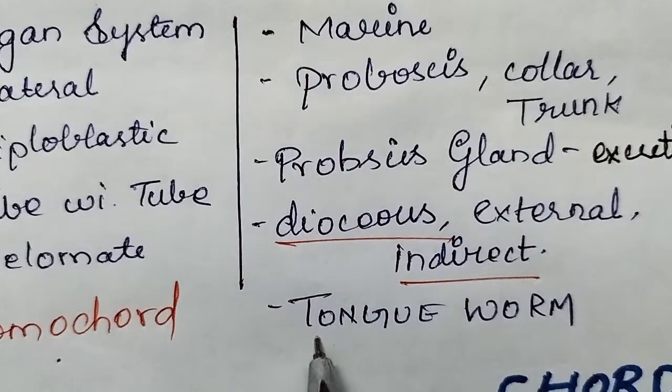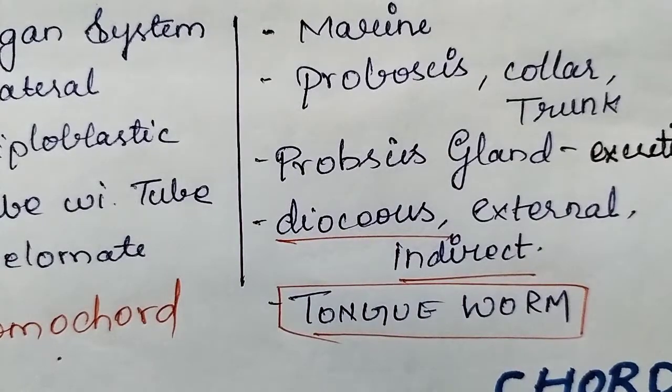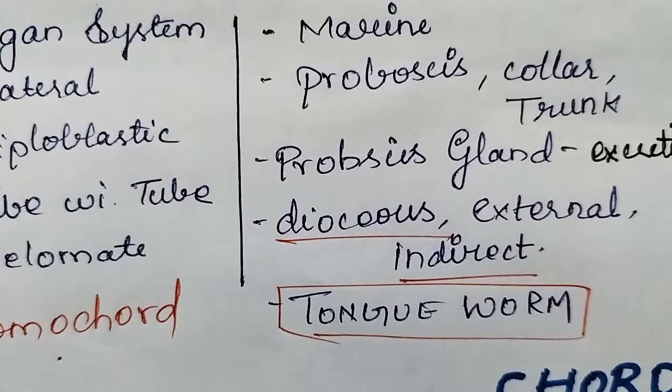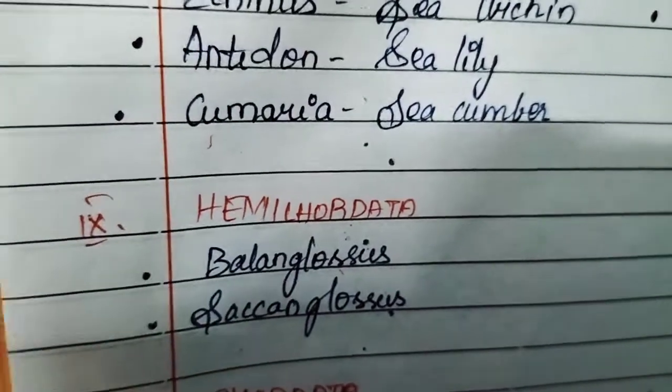Hemichordates are commonly called tongue worms, because the shape of the proboscis and the collar bears a close resemblance to a tongue. Now the examples of Hemichordata, to complete non-chordates and enter into the interesting topic of chordates: Balanoglossus and Saccoglossus.